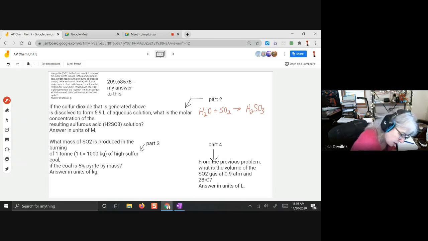Okay, and the water is like, we have as much of it as we need here, actually 5.9 liters. So that's going to be your volume, right? That'll be my volume. And then you're converting, let's see, what mass? No, you're converting the sulfur dioxide.